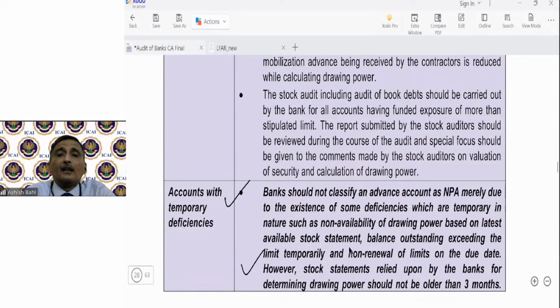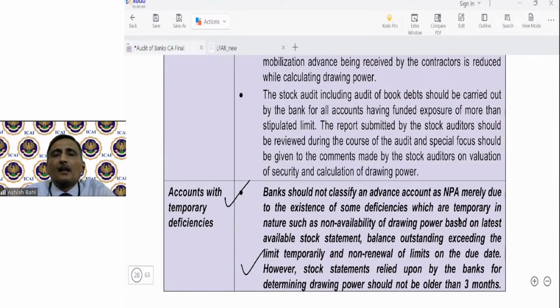If you are in the month of March and say the borrower has failed to submit a stock statement for the last 2 months, then it is quite possible that branch management is calculating its drawing power on the basis of the stock statement submitted in the month of January.